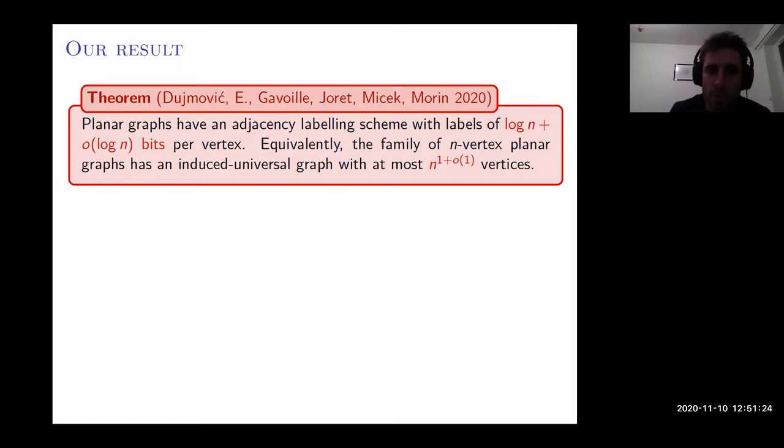What we proved with Vida, Cyril, Gwenaël, Pat, and Piotr is that we can use this theorem to give an optimal adjacency labeling scheme with log n plus little o of log n bits per vertex, optimal up to the lower order term. And this gives nearly linear induced universal graphs for all planar graphs.